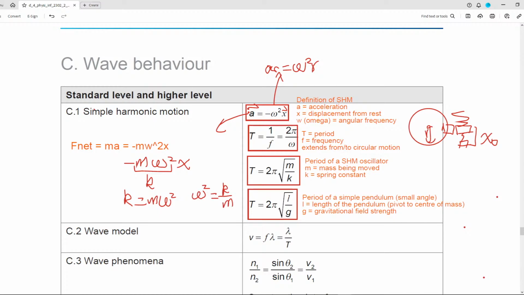So K here is our, of course, spring constant. And that's what you'll need to do to derive this formula, because you can see K over m over there. So period is equal to 2 pi over omega, right? And then you are done.